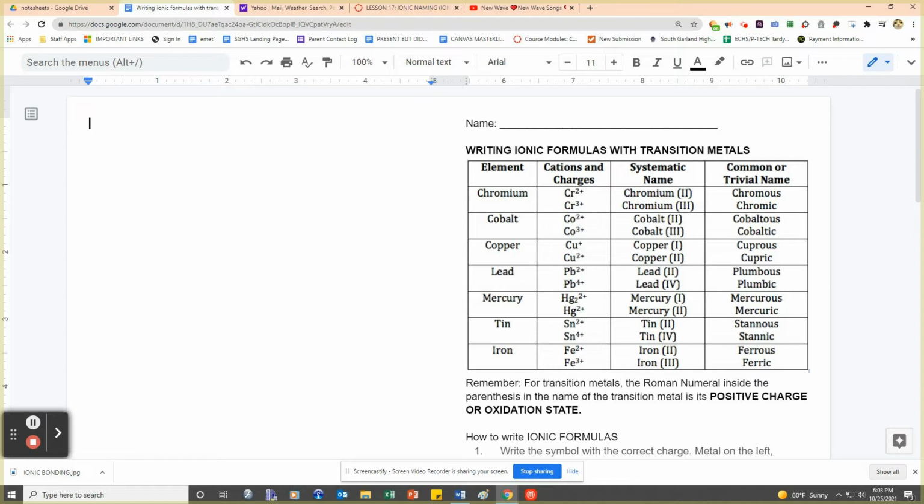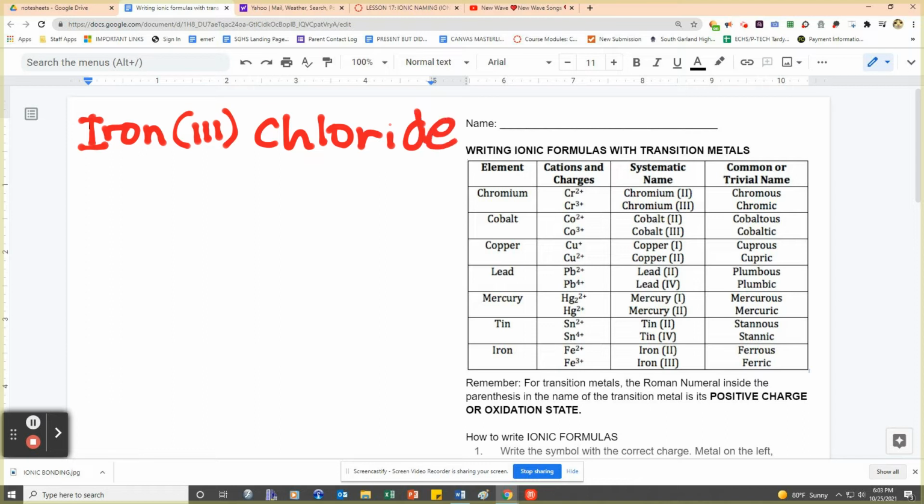For example, guys, if I gave you iron 3 chloride. Let's figure out the formula for iron 3 chloride. What will be the formula for this?